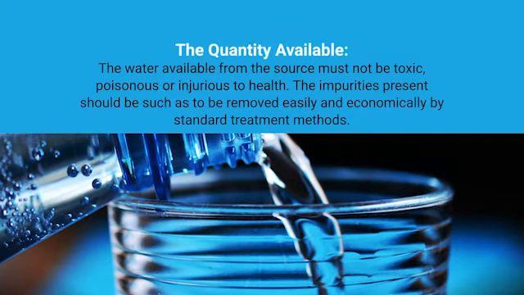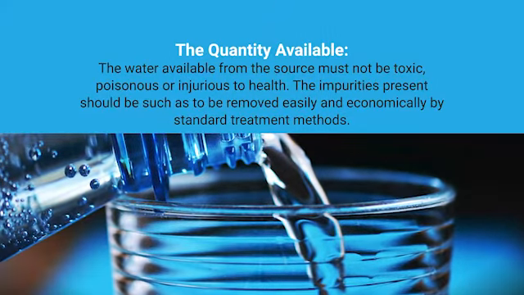The quality available. The water available from the source must not be toxic, poisonous, or injurious to health. The impurities present should be such as to be removed easily and economically by standard treatment methods.